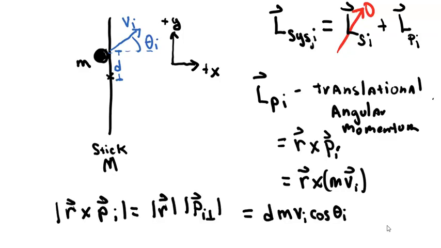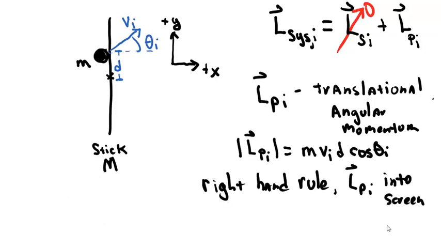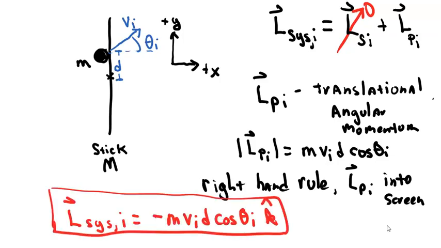The magnitude of the puck's initial translational angular momentum can be thought of as the product of the magnitude of the position vector, which is just the distance d, times the magnitude of the linear momentum component perpendicular to the position vector, which is little m times v sub I times the cosine of the angle theta sub I. By doing the right-hand rule, we can see the direction of the puck's initial translational angular momentum is into the page, the direction of the minus z-axis here. So putting this all together, we can write down the total system angular momentum initially as shown here.